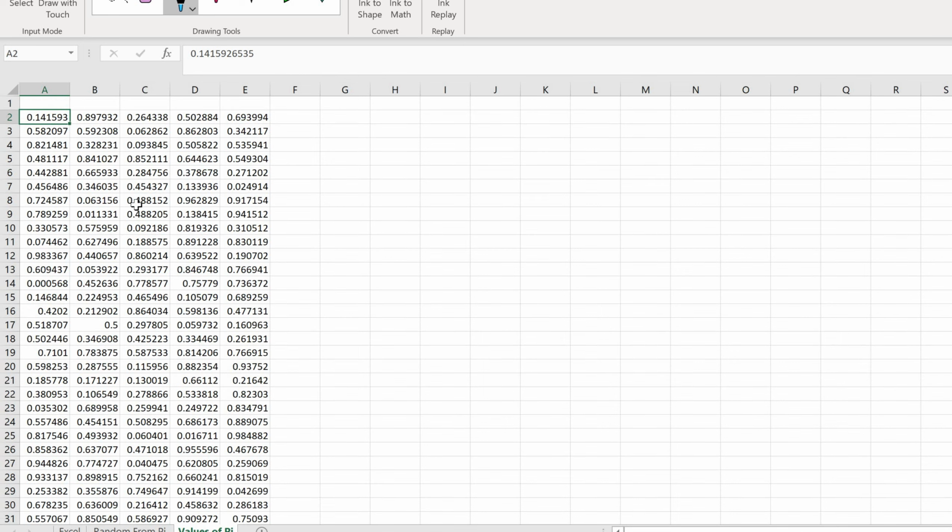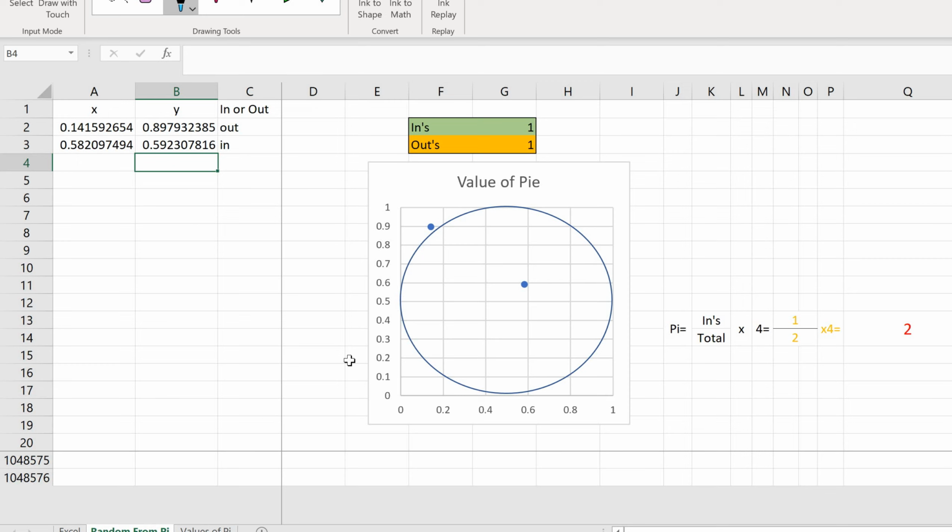If you look at the very first one, you may recognize this. 0.14159, the digits of pi. Exactly. So this entire thing is over 50 million digits of pi. Now let's use it. The same sheet that you saw there, but this time we will be using the values of pi that I showed you 2 minutes ago.